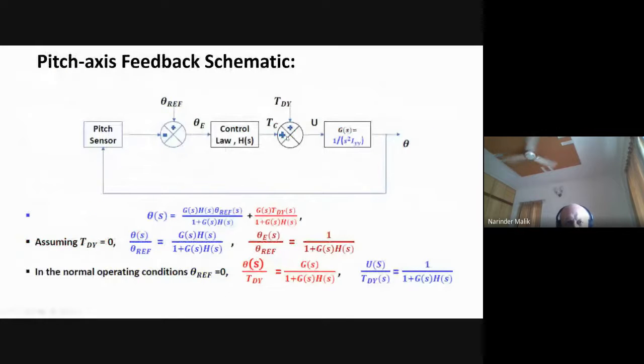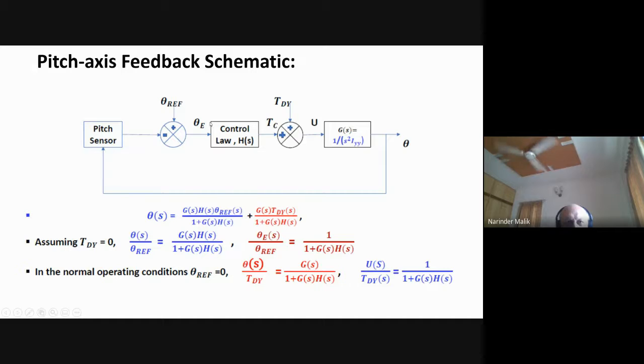Now I have put the whole thing in a simplified block diagram. Say you want to attain a certain attitude; you compare that with the measured attitude, and that becomes the error signal.